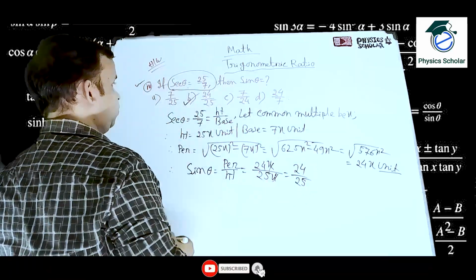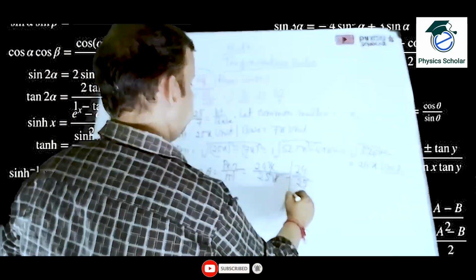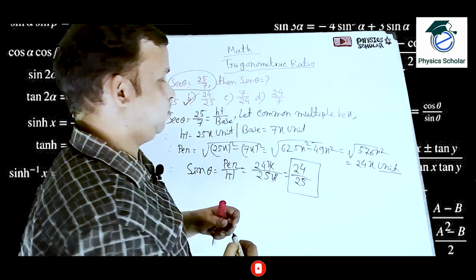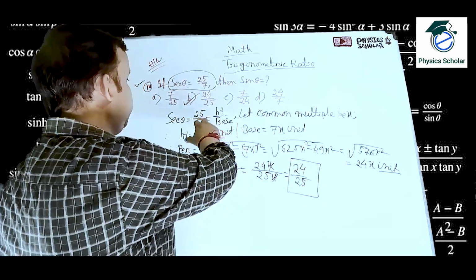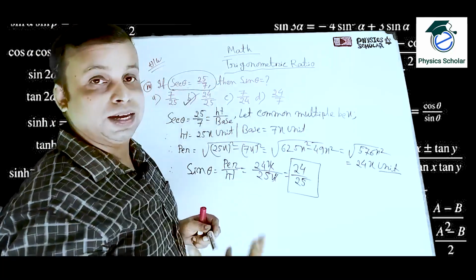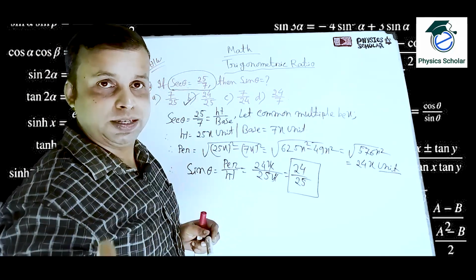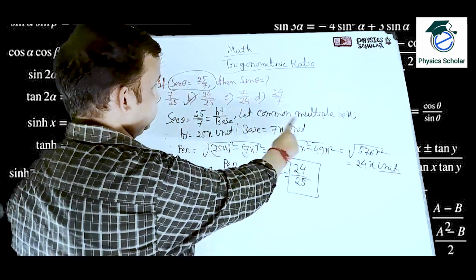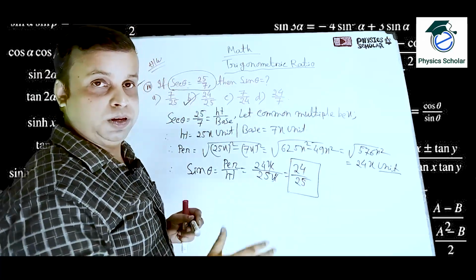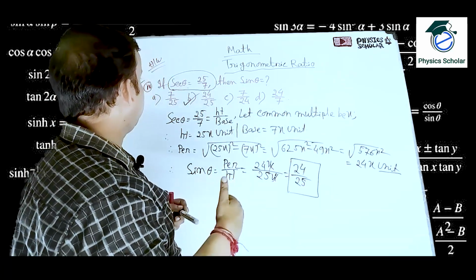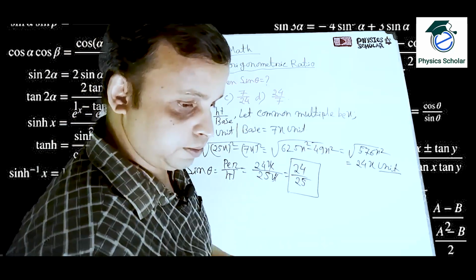So option number B will be correct. Okay. So 24 by 25. So very easy. You only have to do the calculation and you have to remember the ratios. What is sin theta? What is the ratio? Cos theta, tan theta, like that. Clear? So you can easily do this sum. Very easy. So hope you have understood this. Clear? So now let us move to the next one.